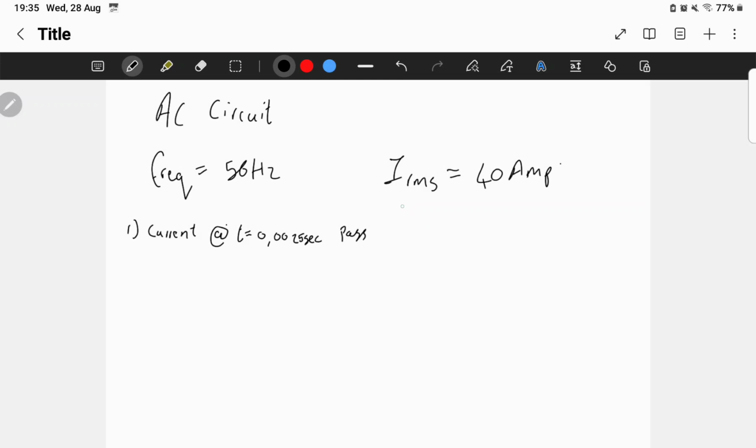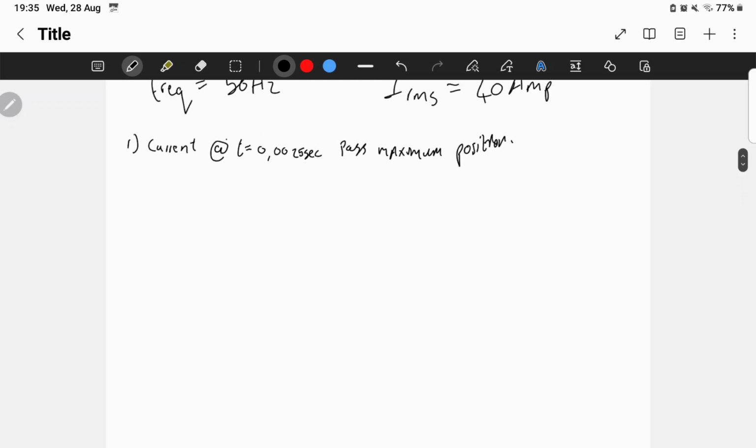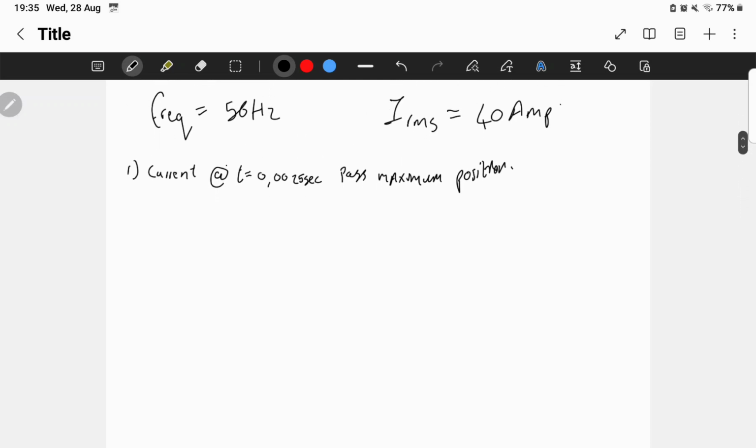Pause. Maximum position, right? So to do that, we got all our values.